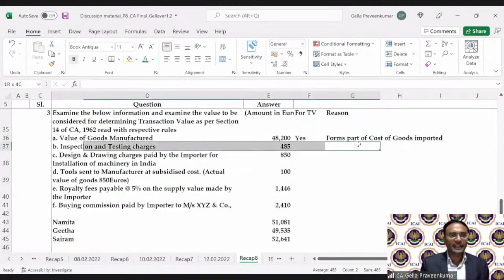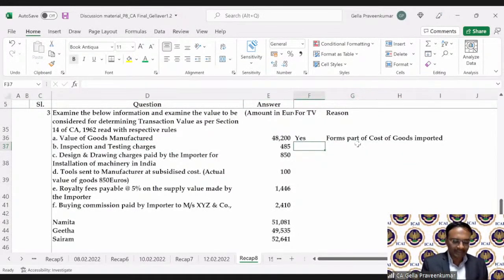Next, inspection charges. As Namita rightly pointed out, when you look at your page number 4.10, transaction value shall include, in addition to the price as aforesaid, the amount paid or payable for cost and services. Now, this particular service, testing charges, is in relation to the value of goods. So the transaction value of imported goods shall also include testing charges.